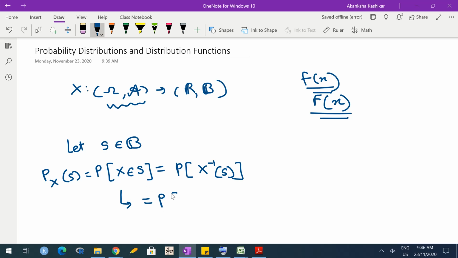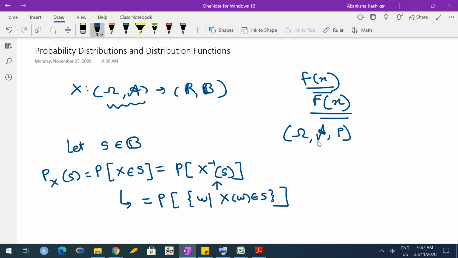So probability of X belonging to S is the same as probability of the set of all those omegas such that X of omega is in S. And this notation is nothing but X inverse of S. And X inverse of S we know is in script A, because that is my definition of X being a random variable, that every Borel set should have its inverse image in script A. And we know when we studied probability measure, P was defined on every set in script A. So this is done. This we already know.